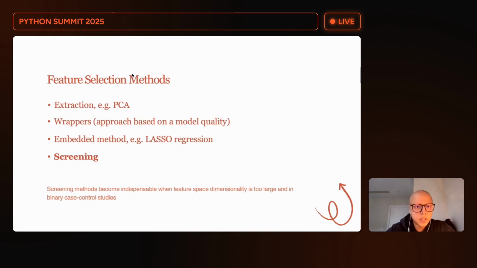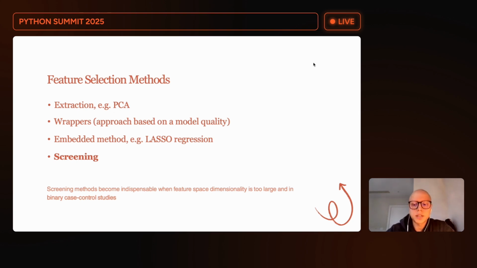Let's now consider several methods. They can all be split into 4 groups: the methods that allow selecting good representations of objects, good features. The first group is feature extraction, for example, principal component analysis, which was invented a lot of years ago by Karl Pearson.